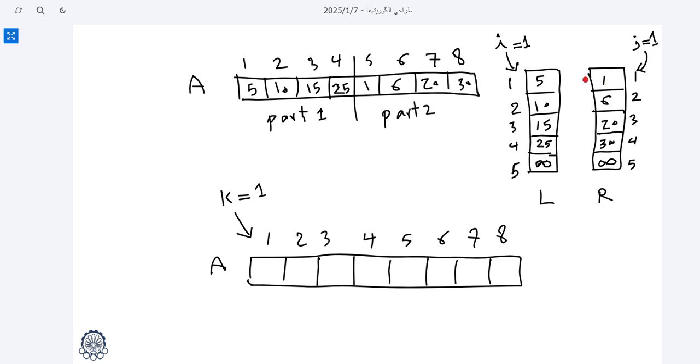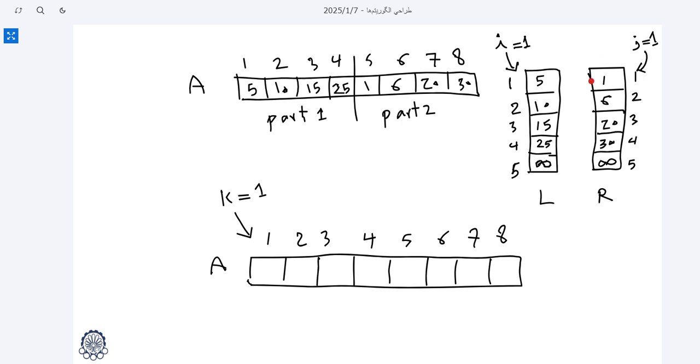If we compare the minimum of L and the minimum of R and find the minimum of these two values, that will be the minimum of the total array, okay? Because 5 is the minimum of L and 1 is the minimum of R, the minimum of these two values is the minimum of the original array, okay?